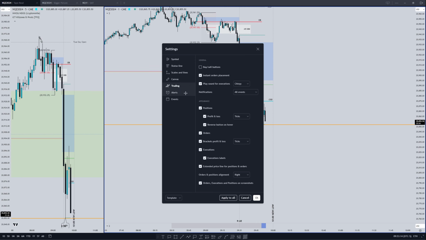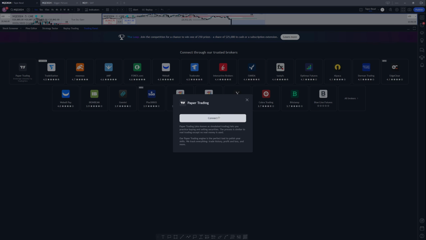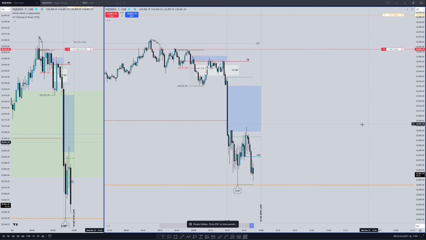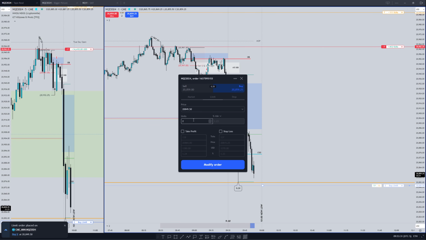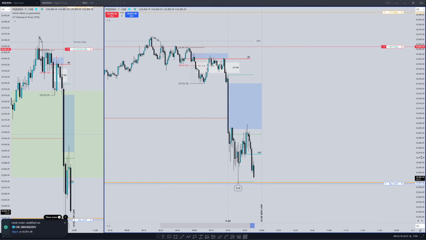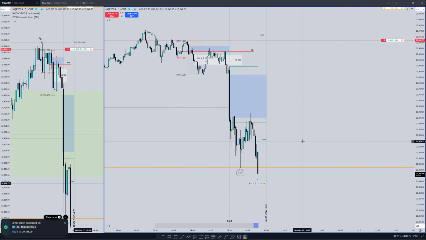Let me actually take off some of the partials. And there's one partial. So previous day low ran out.